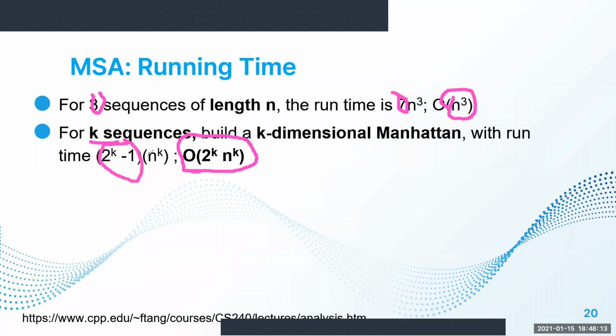Then it depends on the sequence length n and the number of sequences. Here you have 3 sequences, that's why you have n to the power 3. With k sequences, you have n to the power k.